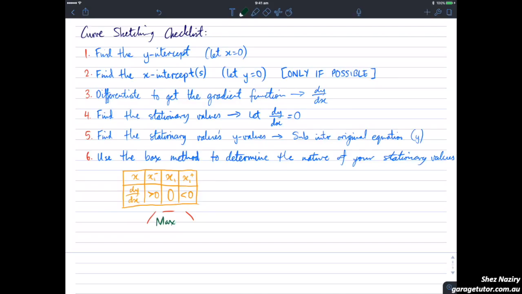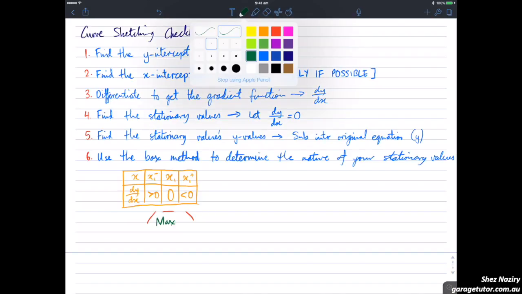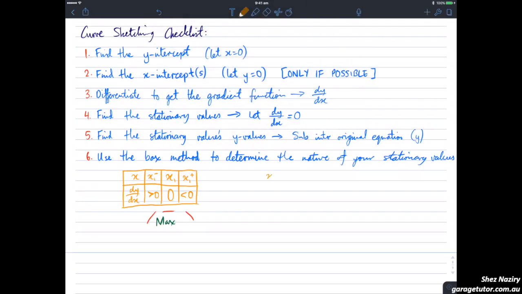So that's a maximum. That's what a maximum table will look like. Let's do the minimum table. You get x and dy dx. This is x2. You choose a number a little bit bigger than x2 and a number a little bit smaller than x2.